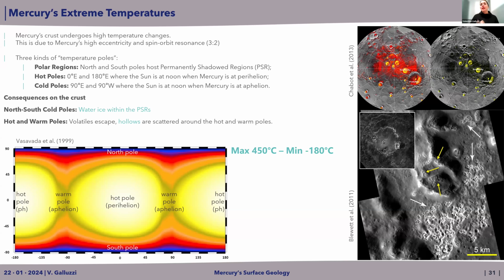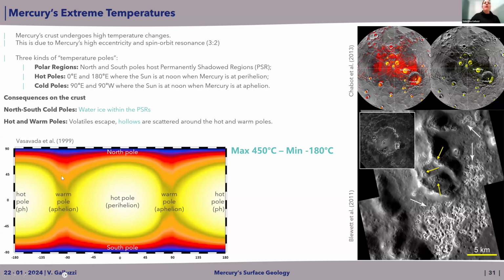When it faces the sun, it can reach up to 400 degrees. But when Mercury is at perihelion, since the perihelion is much closer than the aphelion, it can reach up to 450 degrees. These are called the hot poles, because Mercury is tidally locked to the sun in a 3:2 spin-orbit resonance. So when it's at perihelion, it always faces either the prime meridian or the anti-meridian toward the sun.